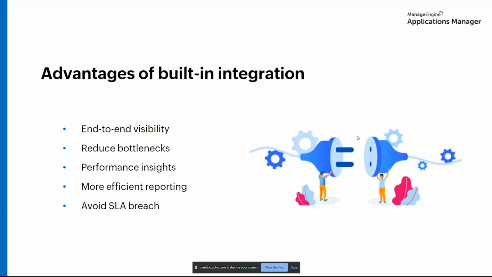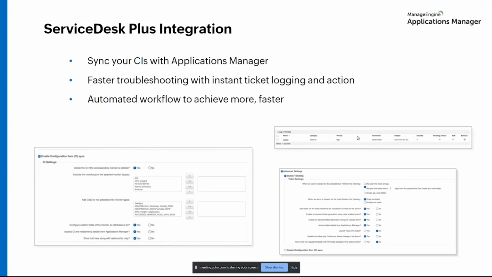They provide end-to-end visibility, help reduce bottlenecks, give performance insights, as well as make reporting more efficient and help avoid SLA breaches. Now let us see how Applications Manager's integration with ServiceDesk works. With the help of this integration, you will be able to sync your CIs with Applications Manager.